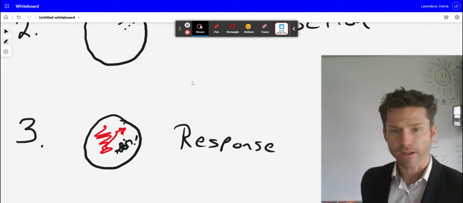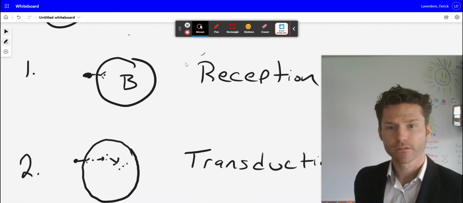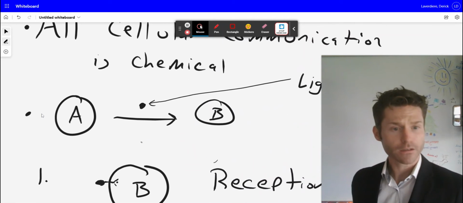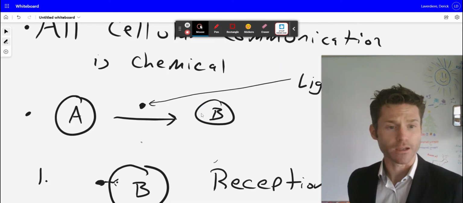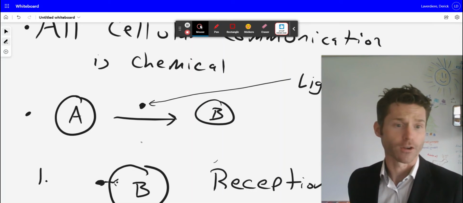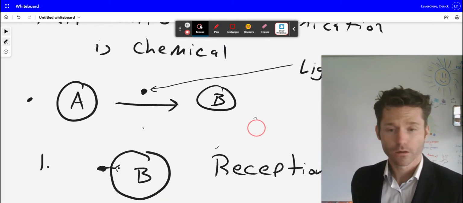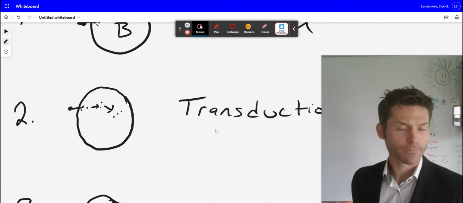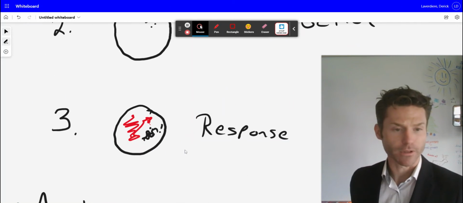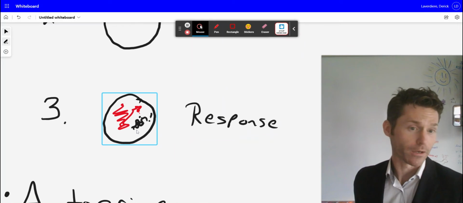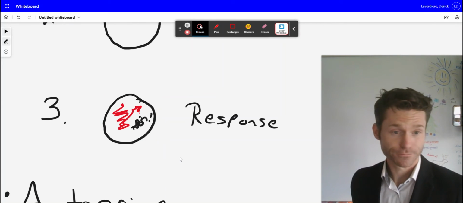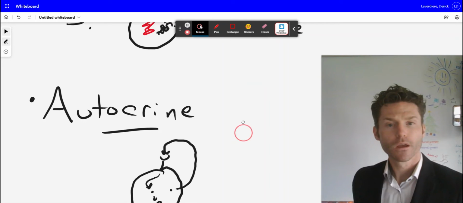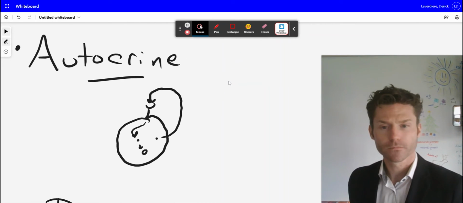And so theoretically, in this narrative, cell A sent a message to cell B that said, hey buddy, turn red. Message was received, message was passed along through transduction, and ultimately the response turns the cell red. Communication success.